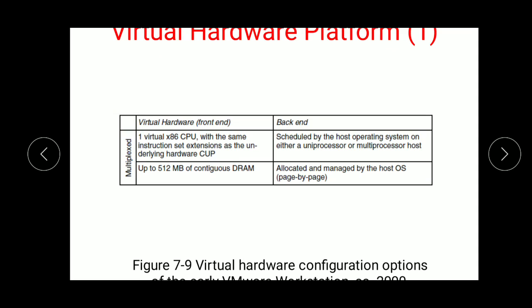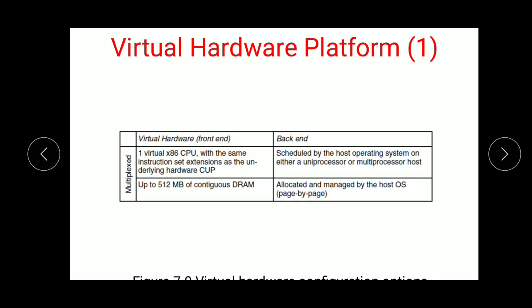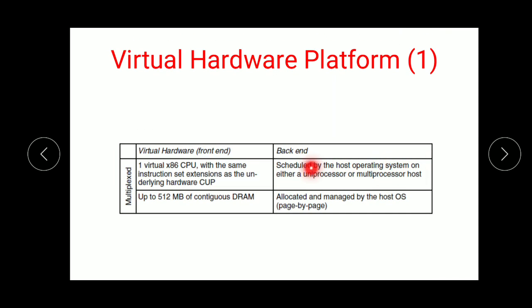Nowadays nobody uses 512 MB of contiguous dynamic RAM. Dynamic RAM is the one which keeps on changing the data. SRAM is static RAM, DRAM is dynamic RAM. So what are the backend features? If this is my actual hardware, what are we getting in return because of my hardware?